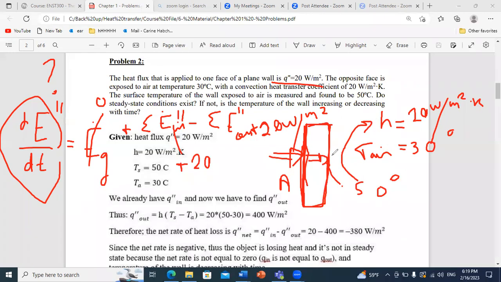Now, conduction is taking place within the wall, inside. But when I take the boundary layer at the extremity of the wall, we can say that conduction will end just here, just at the adjacent. If you take a particle of air adjacent to the wall, they will take heat by conduction.